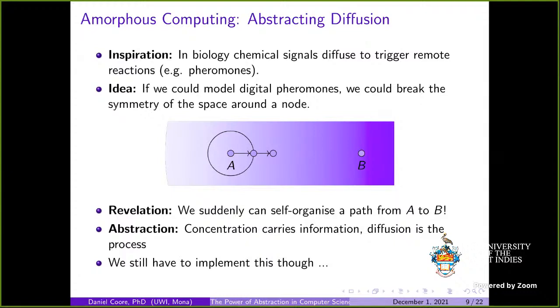But of course, that's just at that point an inspiration and a thought. It still needed to be implemented because notice that in real life, diffusion is a natural process. It's something that occurs, it's part of the physics. It's essentially emanating from Pauli's exclusion principle. Matter cannot occupy the same space at the same time.